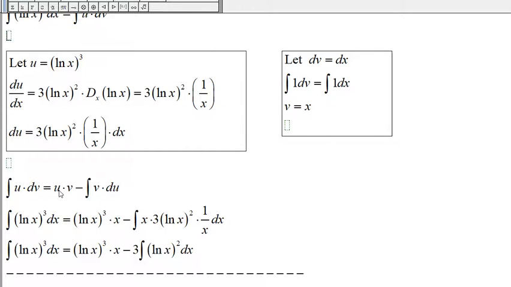And for this example, u will be natural log of x to the third, v is x, and then minus the integral of v, which is x, and then du is 3 times the natural log of x squared times 1 over x dx.